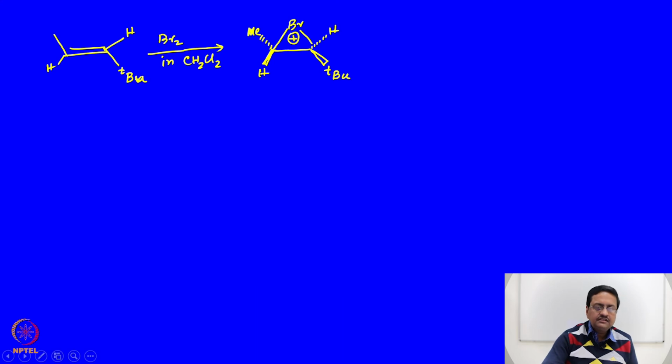Now in this particular bromonium ion intermediate, the Br minus that attacks has a preference for this center, center 1, which is less crowded, and center 2 is more crowded because of the bulky tertiary butyl group.